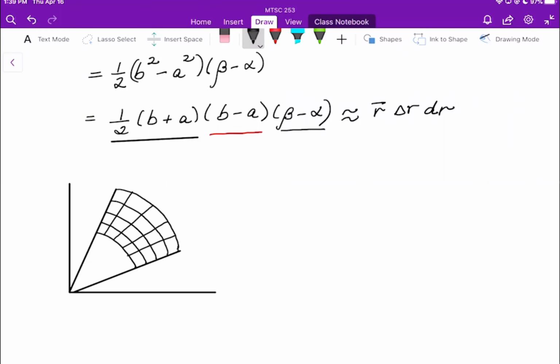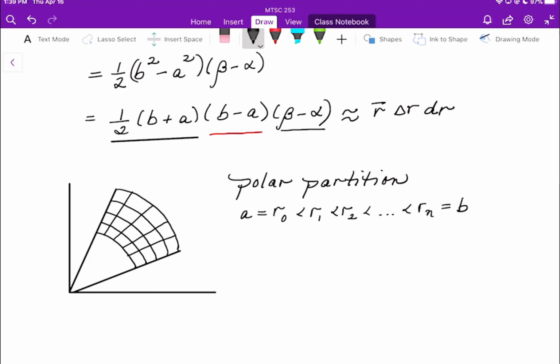And so now I have a polar partition. With this polar partition, I'm going to divide my region from A to B. So A is going to equal some R0, which is less than R1, which is less than R2, all the way up to Rn, which is B. That's the partition of the radius.